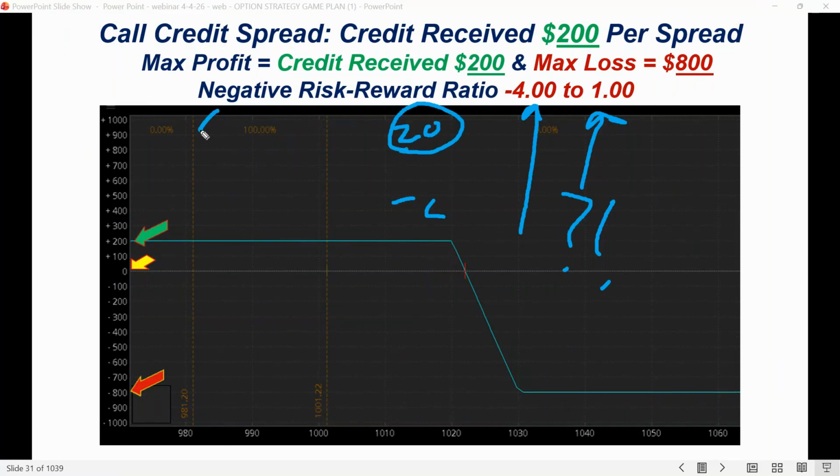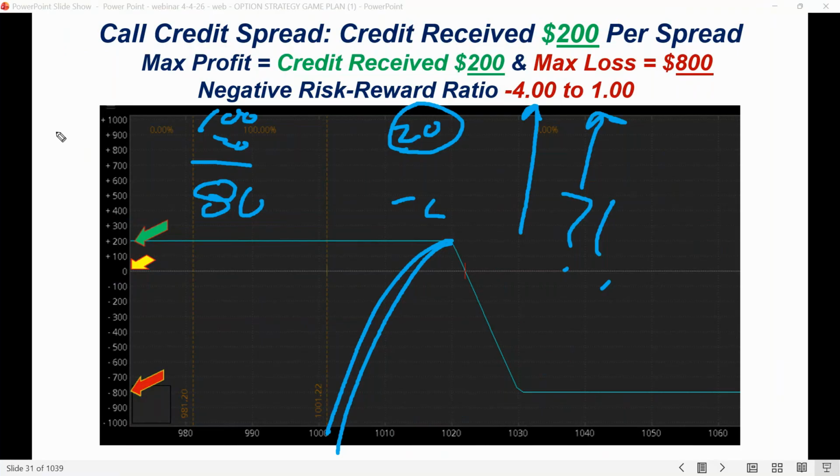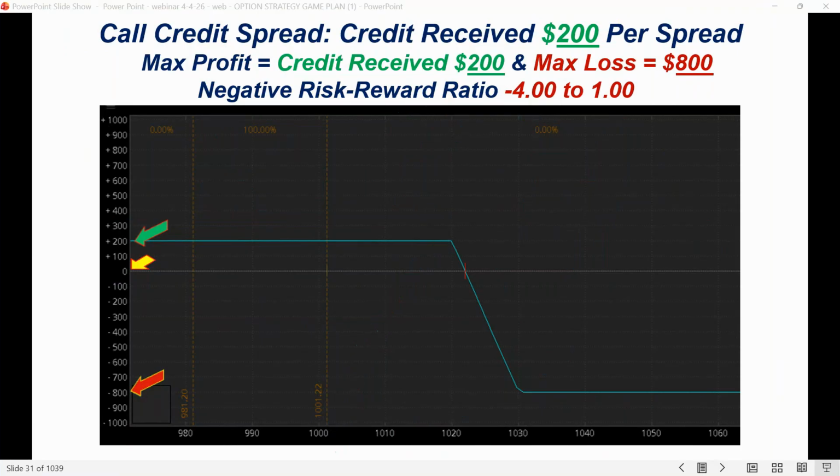Then theoretically, if you have that delta of 20, remember the example I showed you earlier, there's a theoretical 80% probability that price would be below 10.20 at expiration. That's why the risk ratio is different. You're starting out theoretically with a higher chance of this being a winning trade. All right, so that's a negative risk ratio.